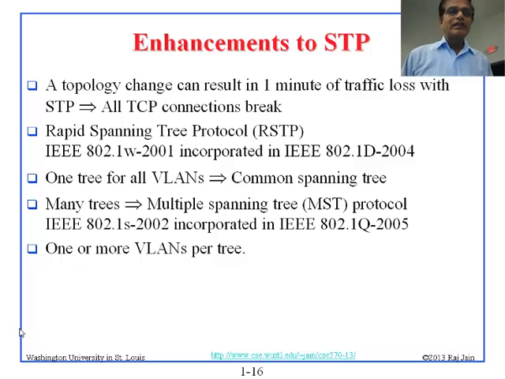So they have invented something called rapid spanning tree, and we will go through that in a minute. And then the second problem is that this doesn't work with VLANs. VLANs we haven't talked about, so when we talk about VLANs, we'll talk about what it is.